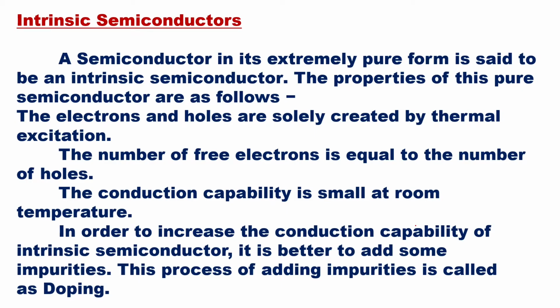The electrons and holes are solely created by thermal excitation. Only the temperature excitation will create electrons and holes in an intrinsic semiconductor. The number of free electrons is equal to the number of holes. The conduction capability is small at room temperature. It does not help you make the current flow through it.